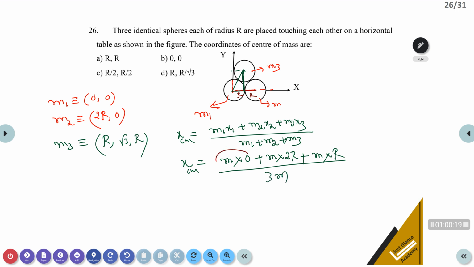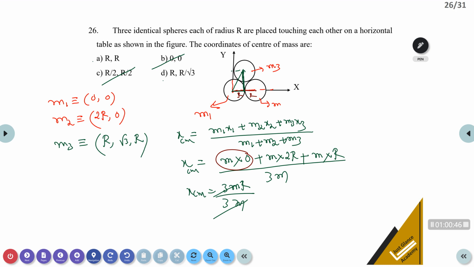So this quantity will be 0. So this becomes 2mr plus mr, x of cm equals 3mr divided by 3m. So 3m gets cancelled. What is left? R. R means this is not possible. Either A is right or else D is right. Still I can't draw the conclusion.